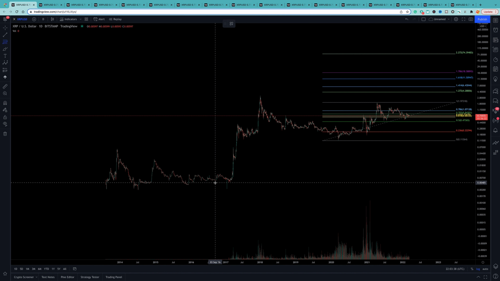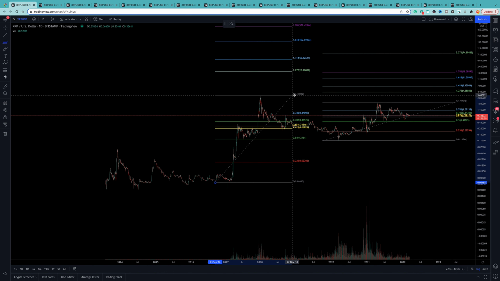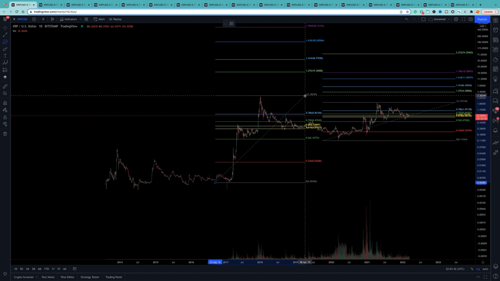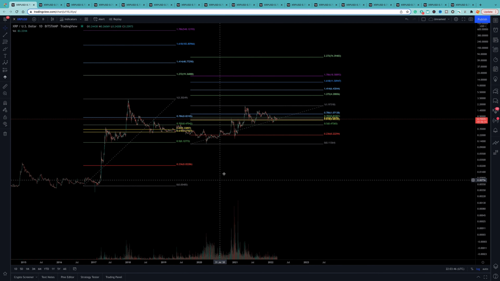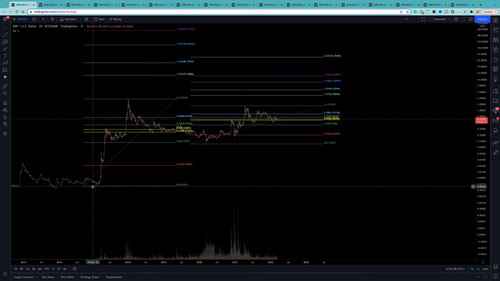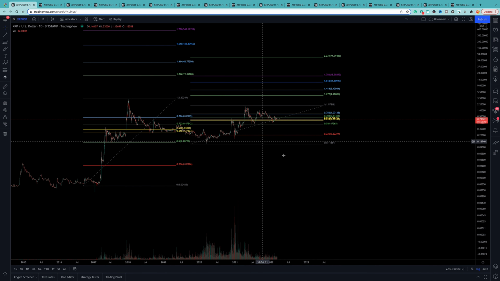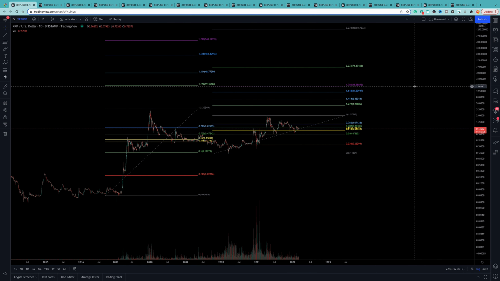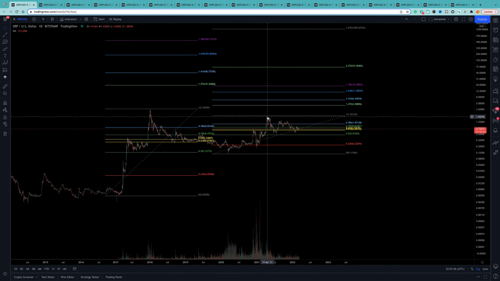I'll do it here actually. You'll see correlations between them. So here is the previous bull run, and then this is the recent.